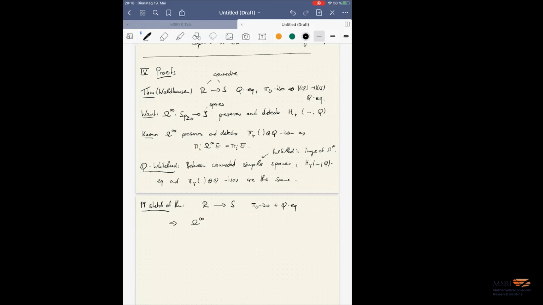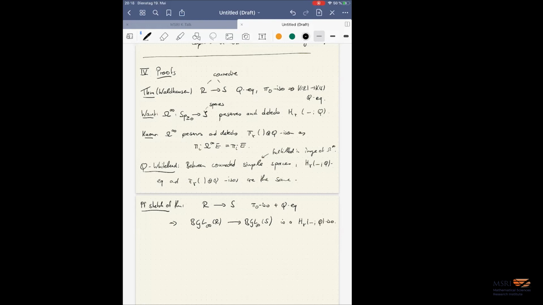What we want now is to deduce from this that BGL infinity R to BGL infinity S is an H star Q iso.